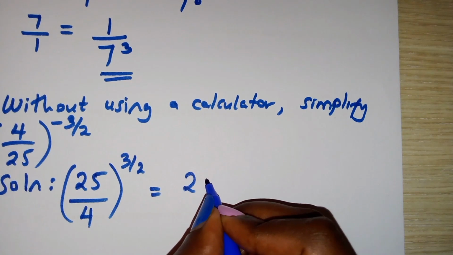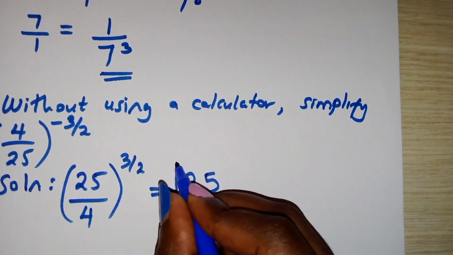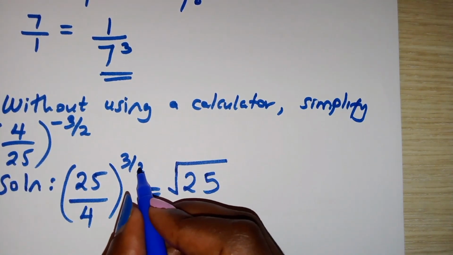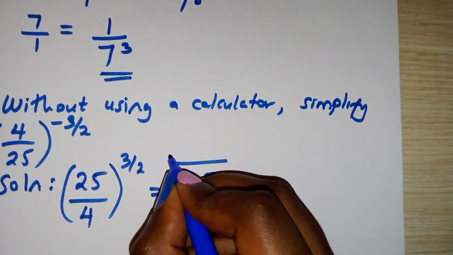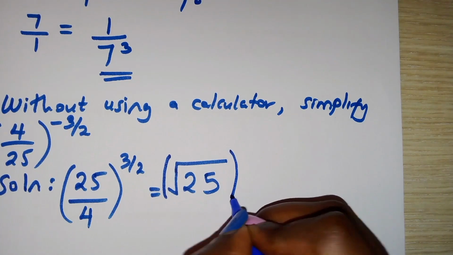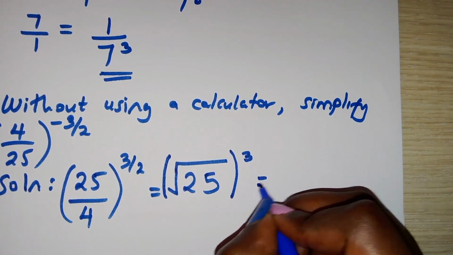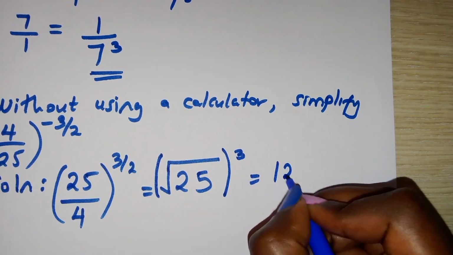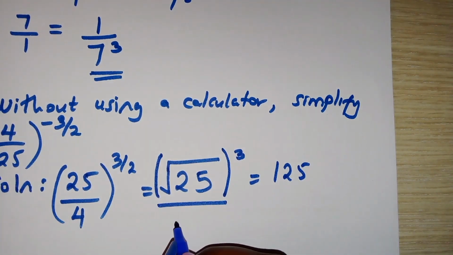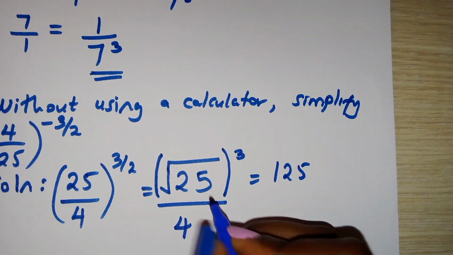We can do the square root of 25, because 2 is just squared, so you don't need to put a 2 outside there. The square root of 25 is 5. Then 5 cubed would be 5 times 5, 25, 25 times 5, 125, all over 4.